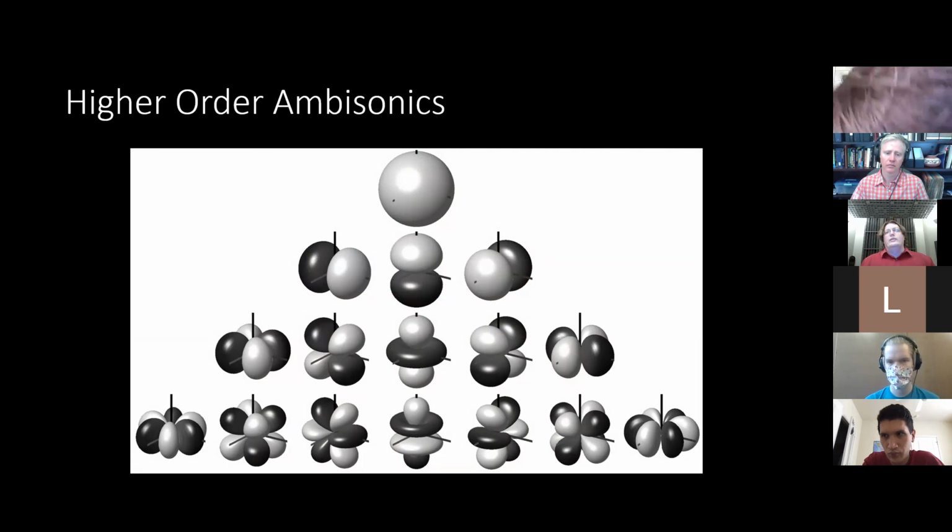If you're looking at this, the white bulb would be your positive polarity orientation, and any sound on the black bulb would be polarity inverted. The next line down would be your second order coefficients. Those are graphs of what they look like. And then third order going down even further.